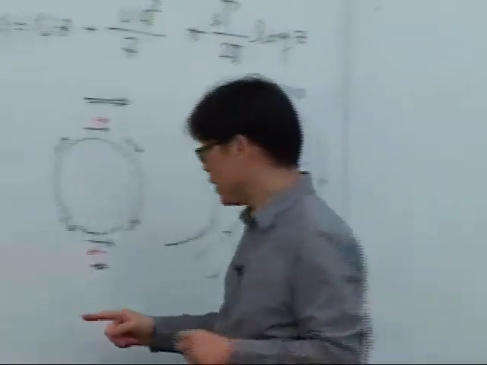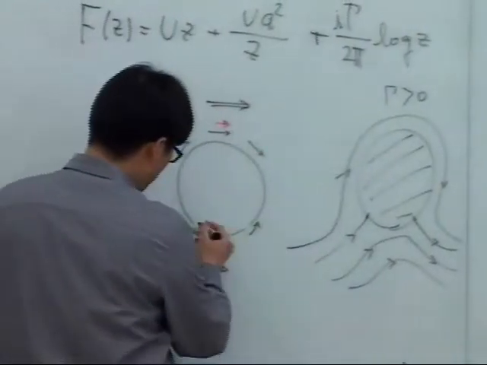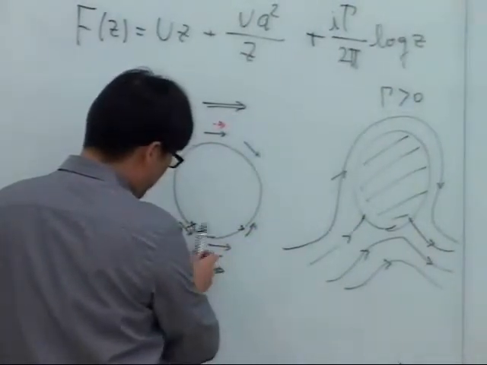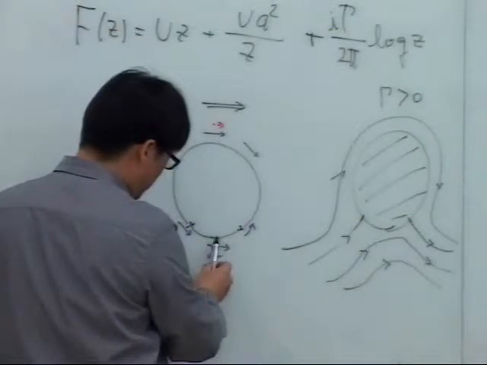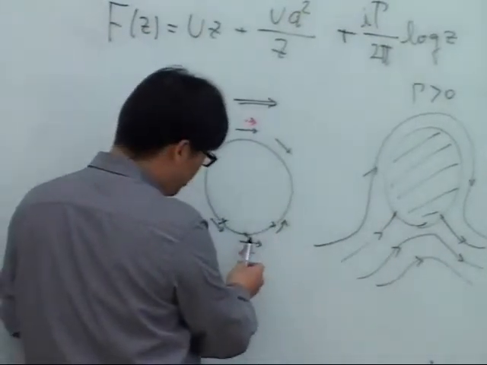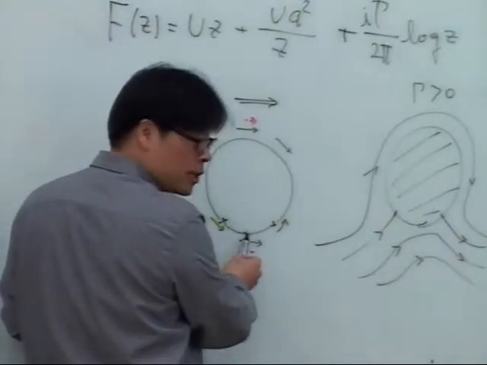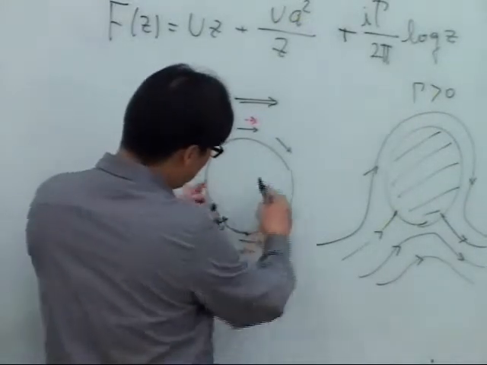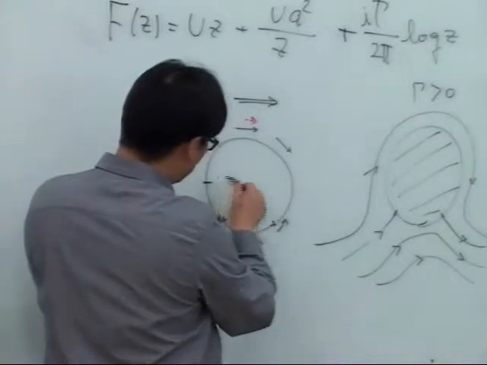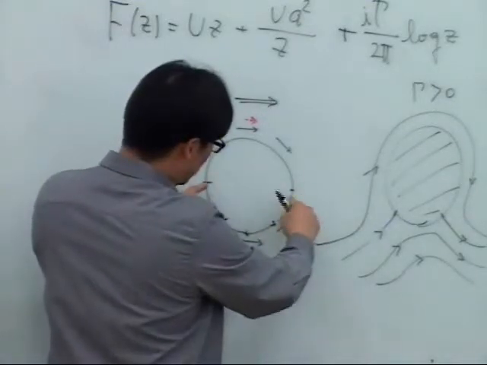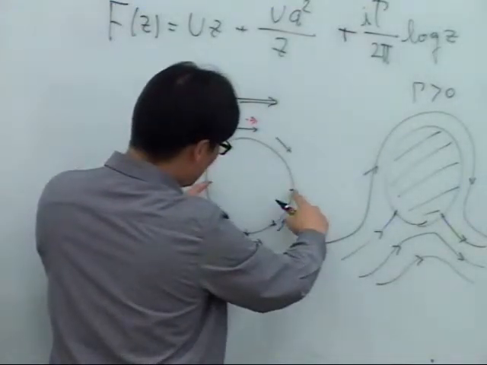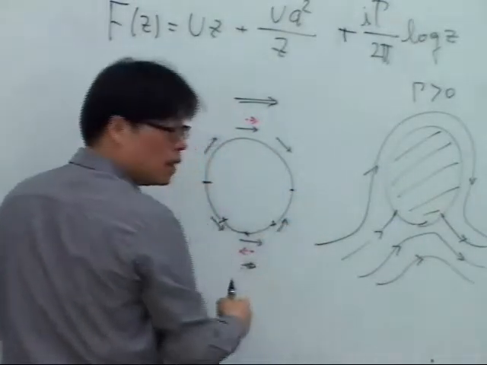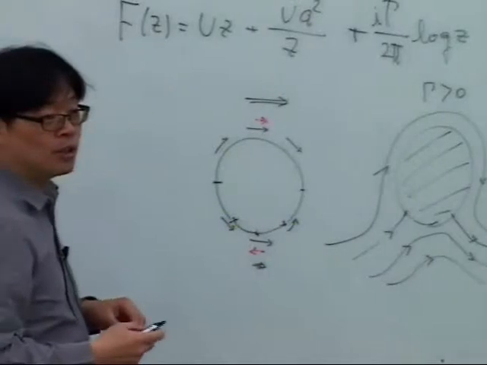First of all, you have to remember that the velocities here and here are smaller than the velocity here. In terms of magnitude, the maximum velocity occurs here in the absence of the vortex. So as you keep increasing gamma, the stagnation points move from here to here. Do you see that?